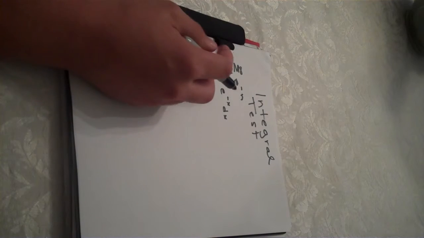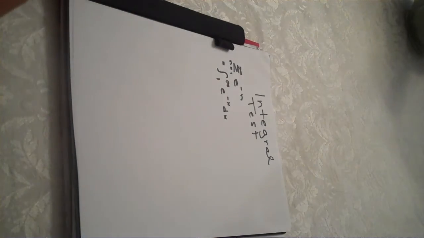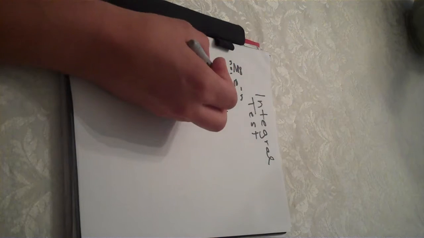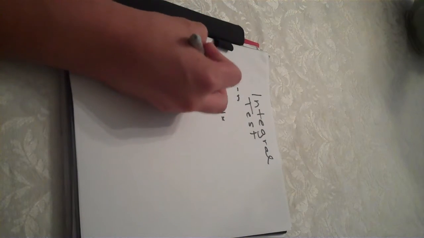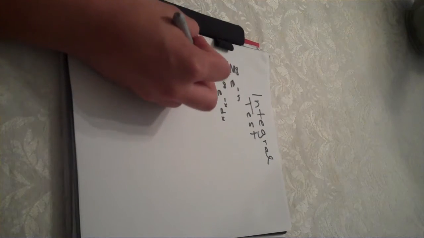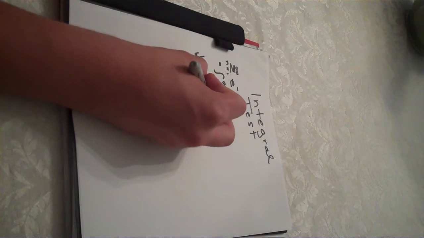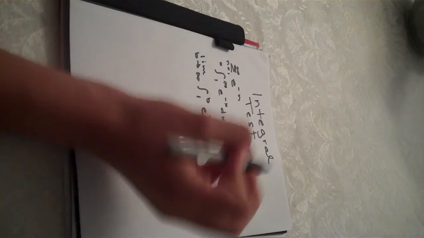And it's an improper integral in this case because the limit goes to infinity, and that cannot be integrated regularly. So I'm going to rewrite this in limit notation as the limit as a variable, in this case I'm going to choose the letter b, approaches infinity, of the integral from 1 to b of e to negative x dx.